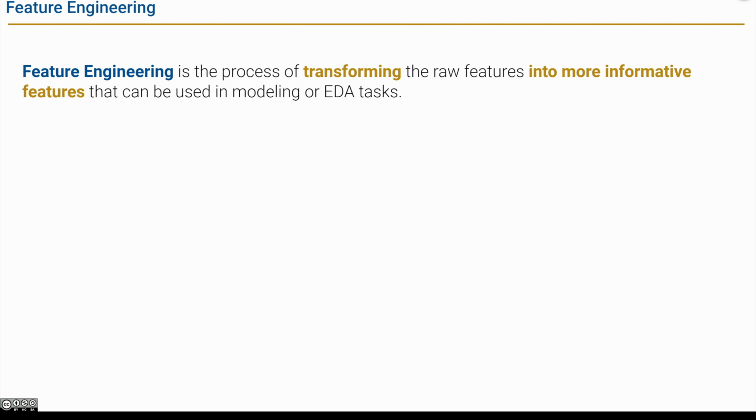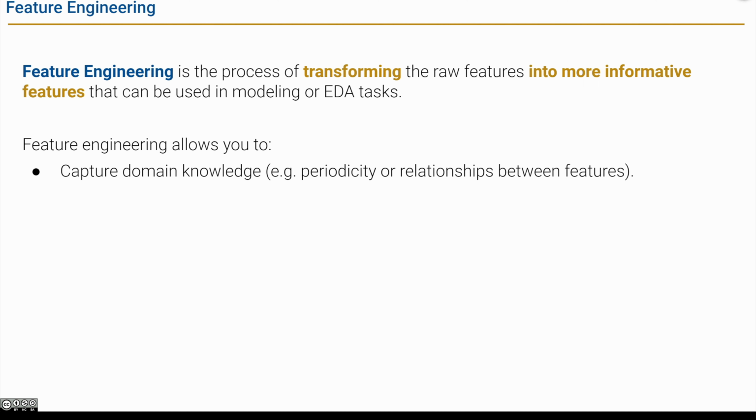So this is an iterative process, this idea of feature engineering. There's not a recipe that works every time. There's a lot of exploration in this process, but it will allow you to incorporate domain knowledge.